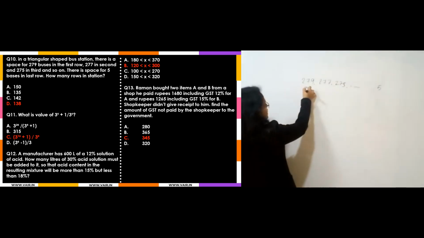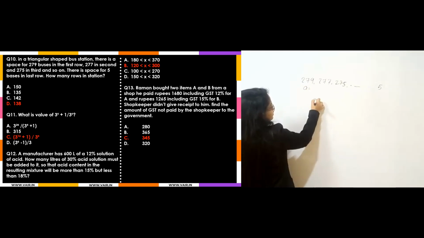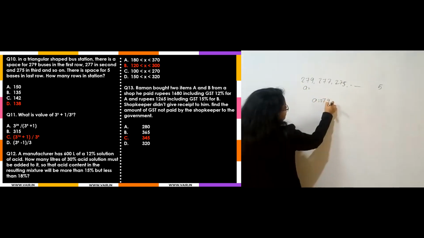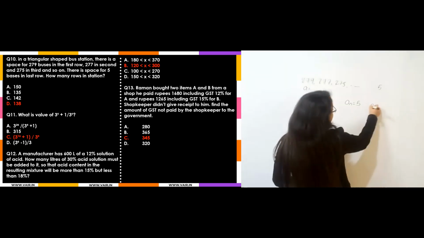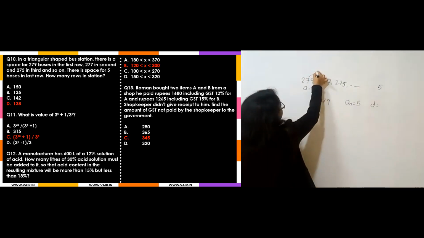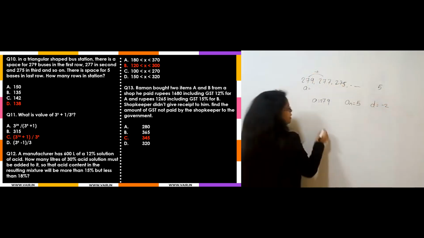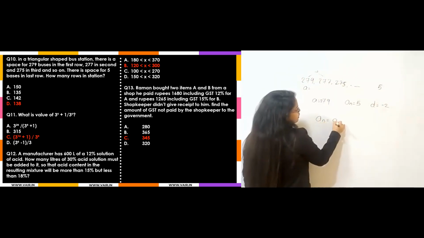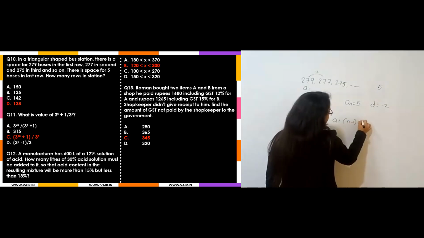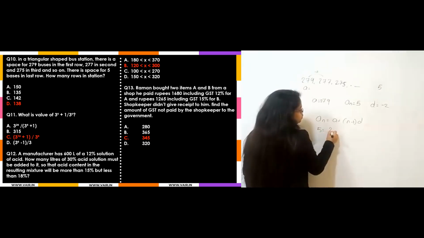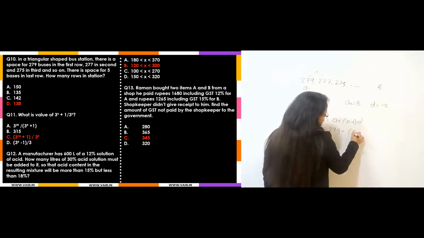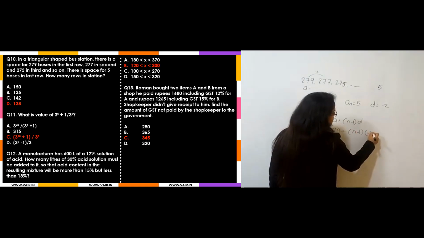So you can see a is equal to 279. An, the last term, is equal to 5. And the difference is equal to what? -2. So we can find out n. An is equal to a plus n minus 1 d. So what will it be? 5 is equal to 279 plus n minus 1 into d, which is -2.